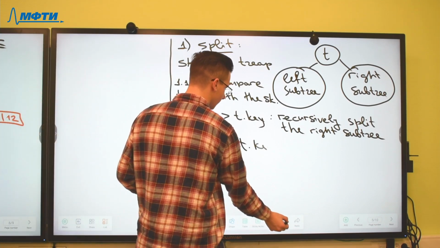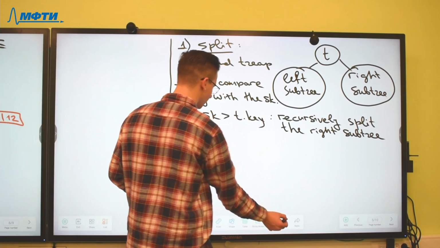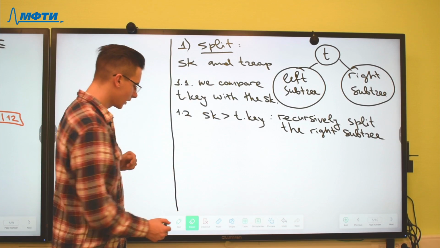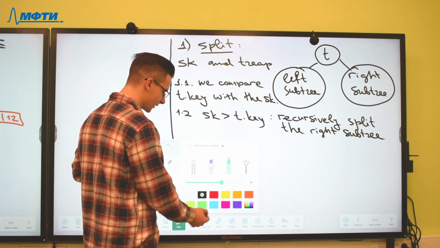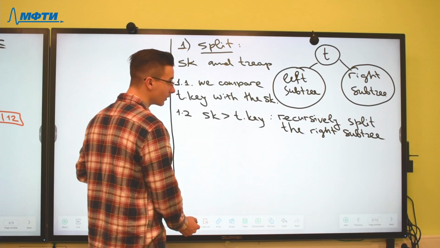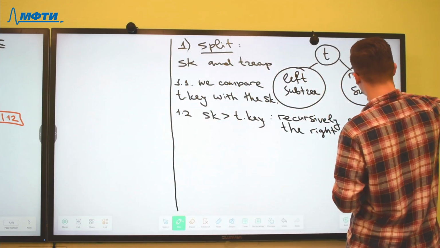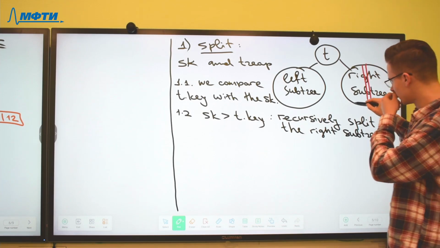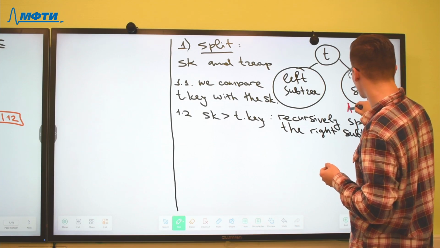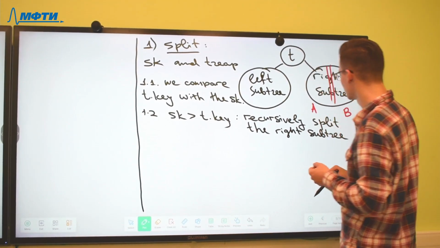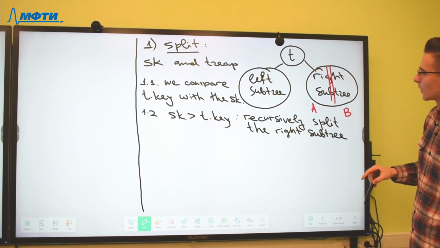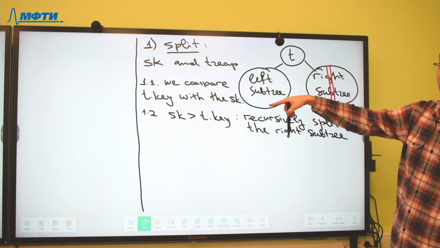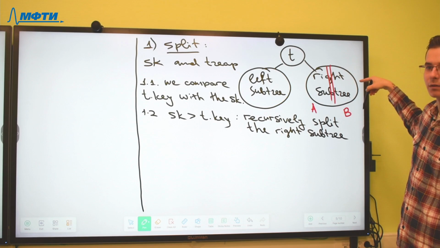And in this way, if sk is bigger than tk, if we split the right subtree, we get two new trees. We name them A and B, with the numbers that are less than sk and those that are bigger than sk.